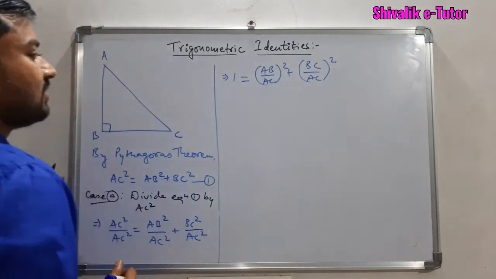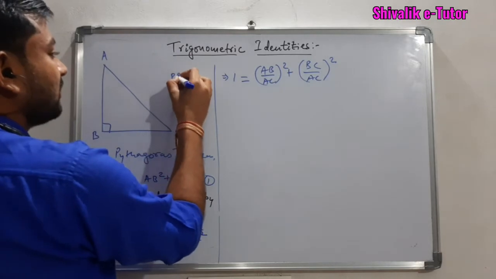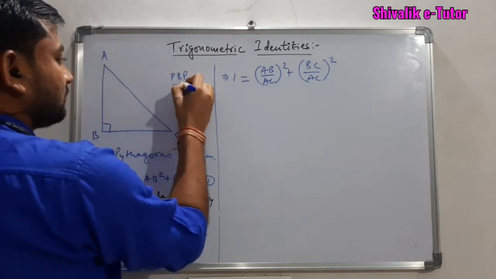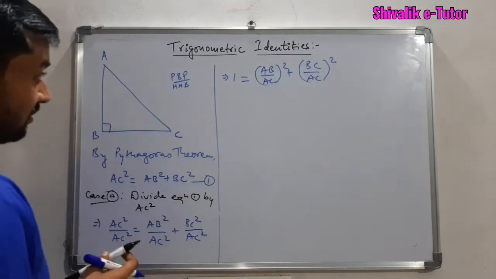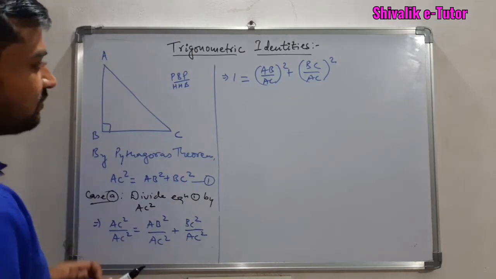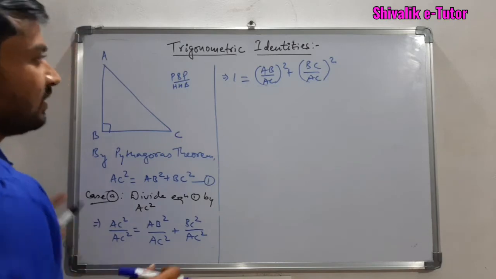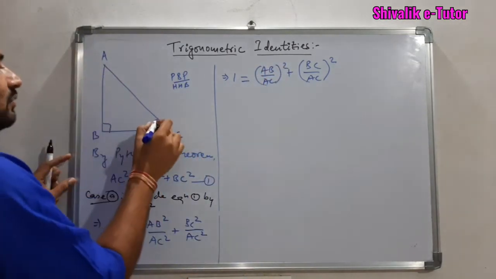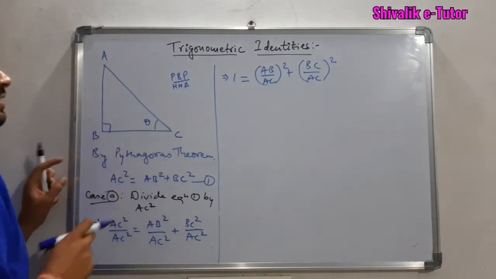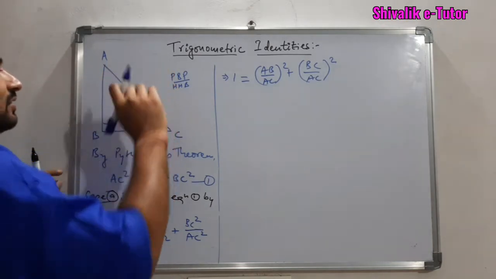This is the result. Now, according to the trigonometric ratios, as we know, we can remember it as Pandit Badri Prasad Har Har Bole, PBP upon HHB, sin, cos and tan. So when we talk about AB upon AC, if we are considering this angle, AB is perpendicular and AC is hypotenuse.